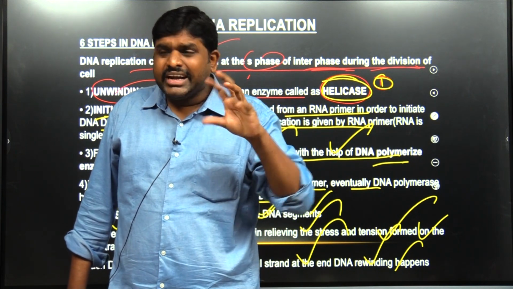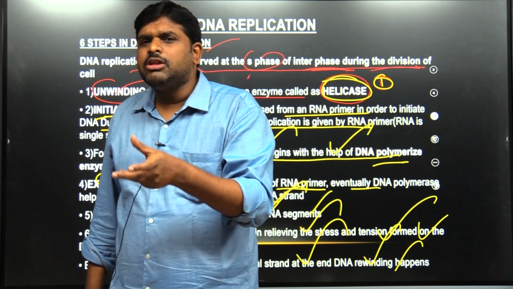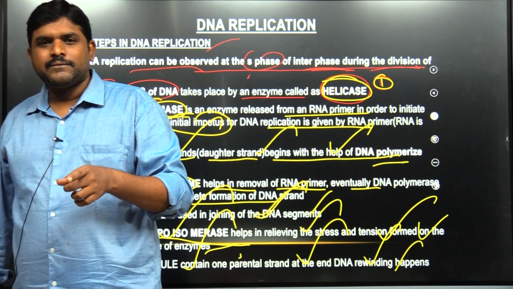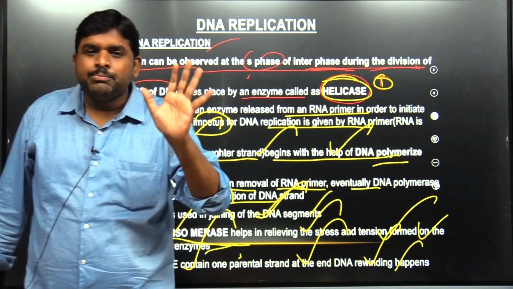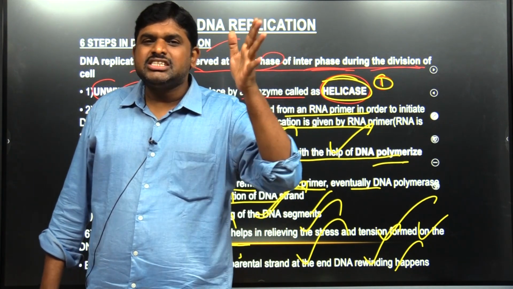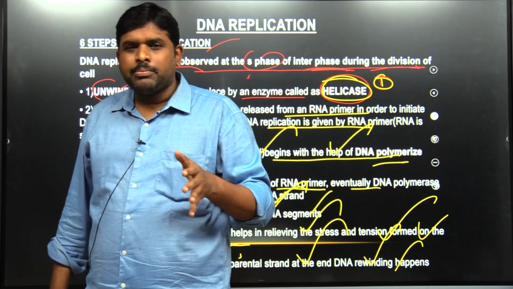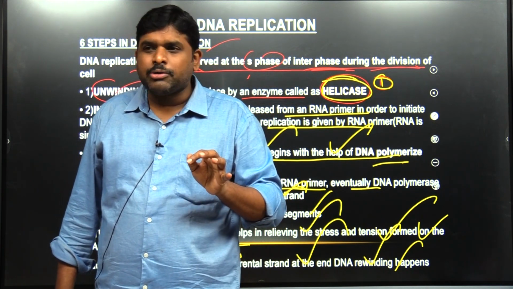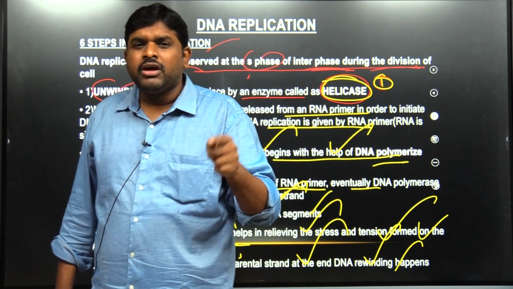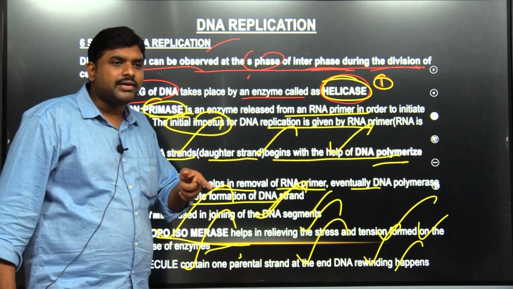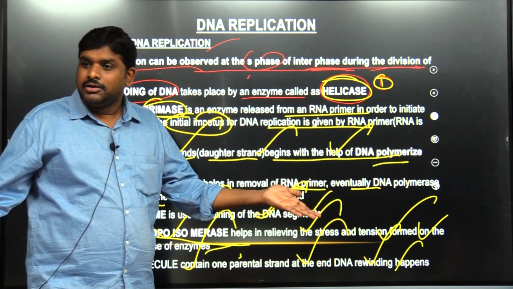So, in time, these enzymes will be released. Sir, what is an enzyme? Enzyme is a protein. If ligase is improper, topoisomerase is improper, helicase is improper, primase is improper, DNA polymerase enzyme is improper, then because of improper protein synthesis, complete DNA replication will be improper. Enzymes are nothing but proteins.